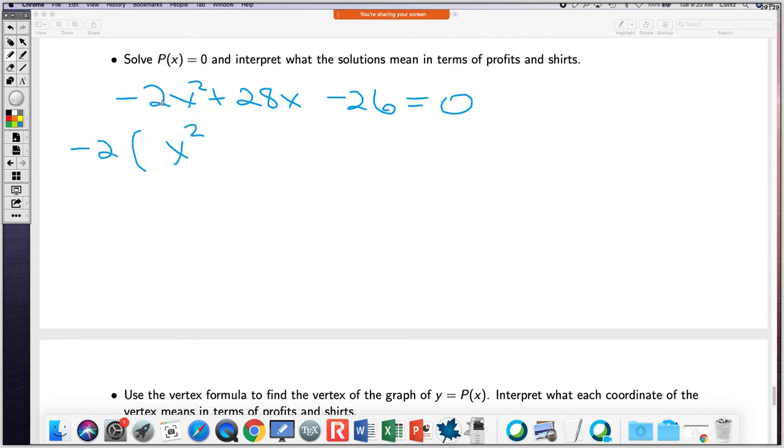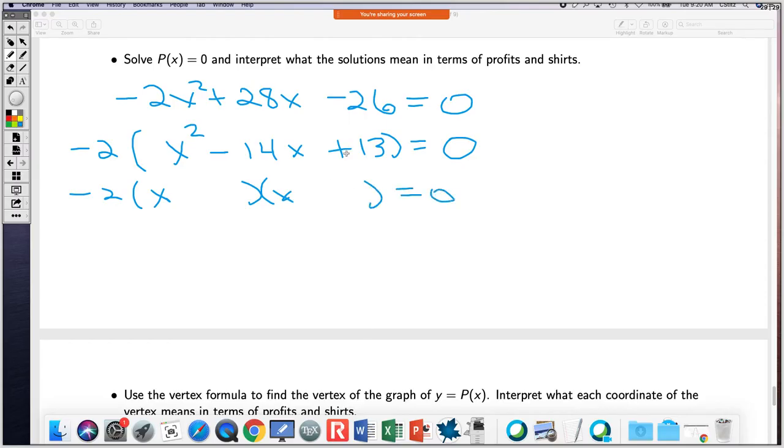Remember, when you factor out a number, it's the same as dividing each term by that number. So we get a positive x squared there, a negative 14x there, and a positive 13 there. And now I can factor. And sure enough, the factors negative 1 and negative 13 work out great.